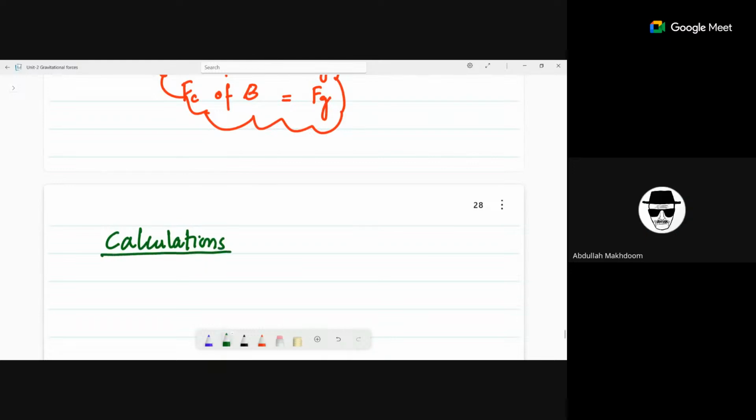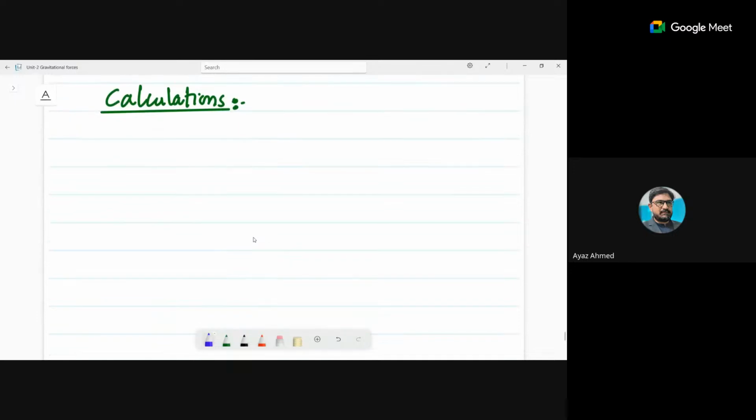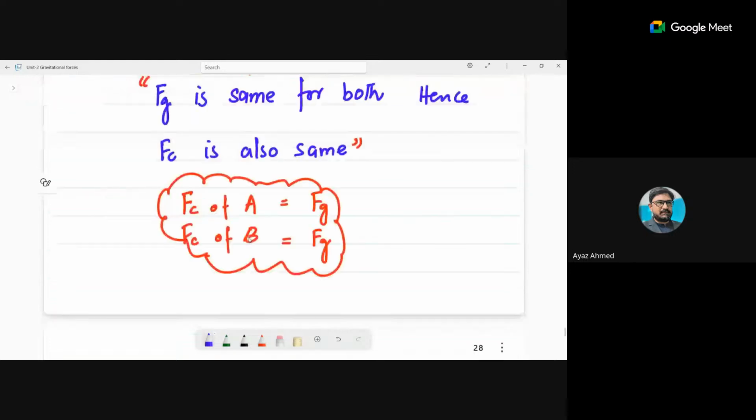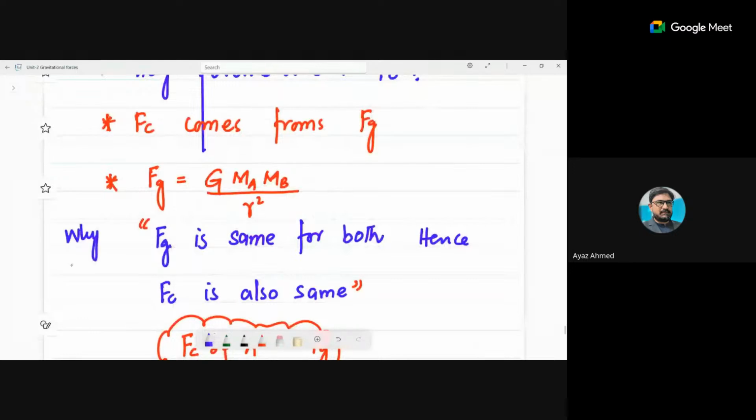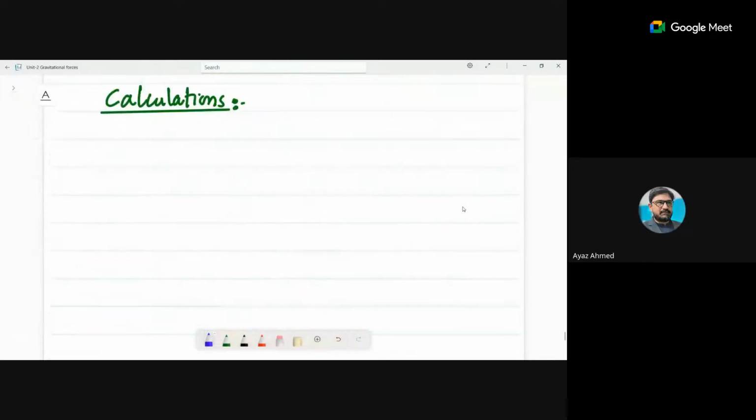There is one question which is a logical reasoning question: why is FC of A equal to FC of B? I have answered that question logically, but then we have calculations coming from that logic, that as FC of A is equal to FC of B.